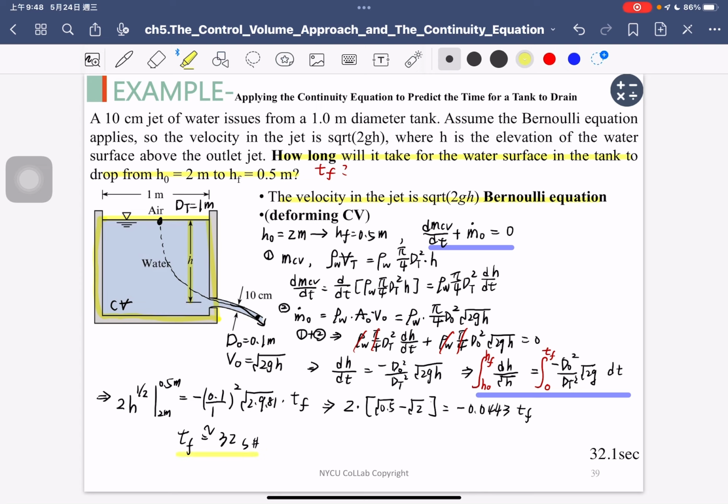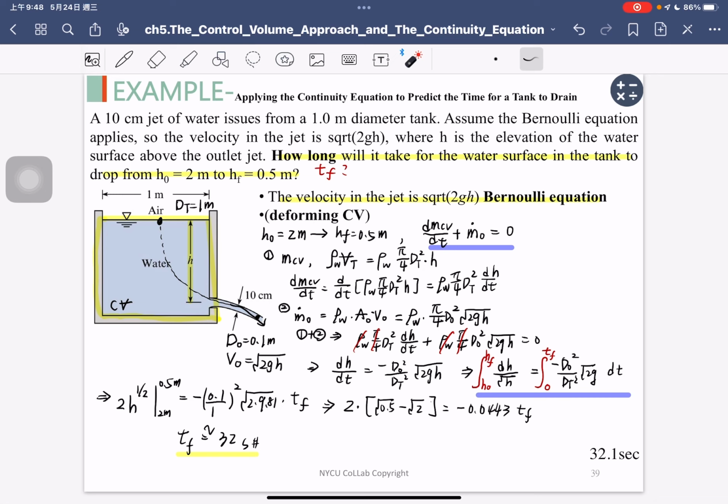So this is also a very good question. We just apply the continuity equation. After we set up the control surface, inside the control surface, we know that the volume will change. So the control volume, the mass will change with the time because the water depth will decrease when the time increases.